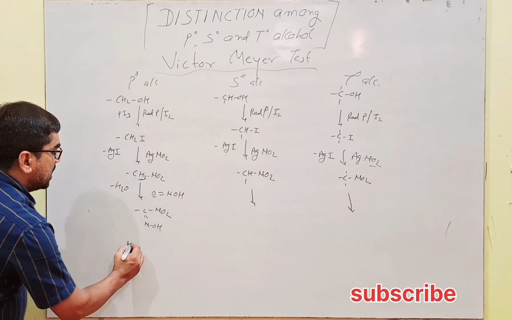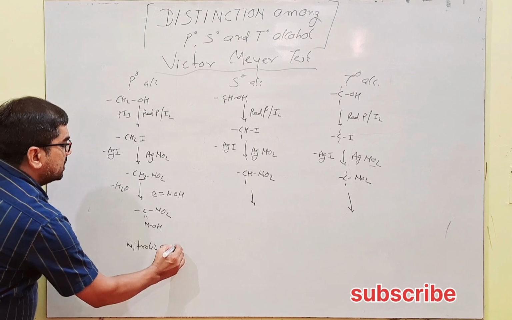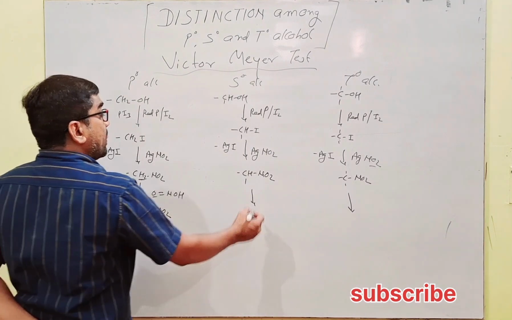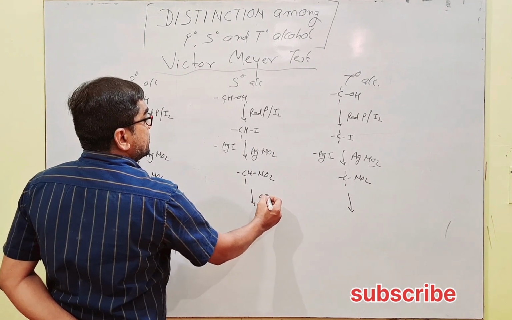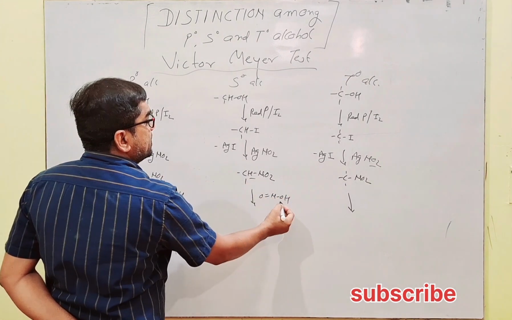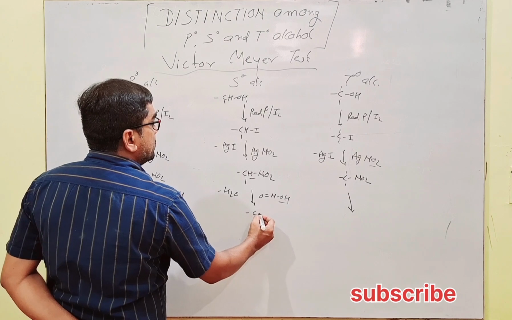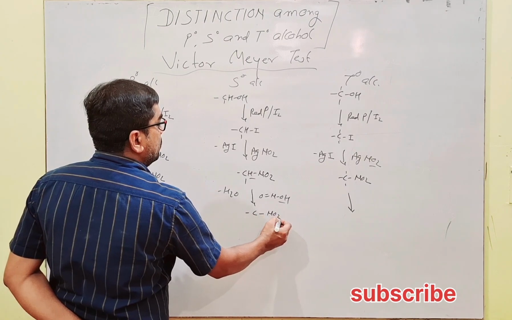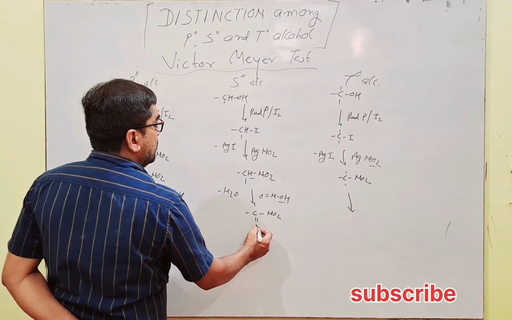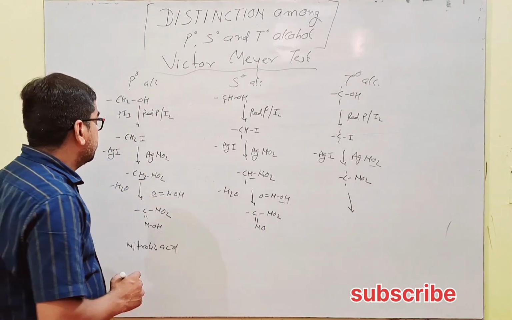This is called nitrolic acid. Here if HNO2 is added, then H and OH, elimination of water, so formation of C, single bond NO2, double bond NO. This is formed.